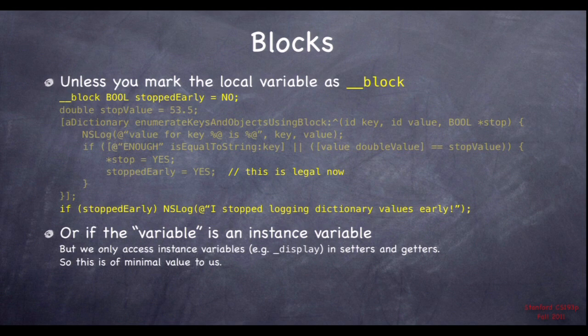That underbar display is the instance variable that's backing the property. We're only supposed to access that in our setter and getter, right? So, unless we're doing some sort of block thing in our setter and getter, it's not really that valuable. But it's interesting to know that instance variables are not read-only, i.e. they can be read and written to, and they'll be affected after the block comes back.